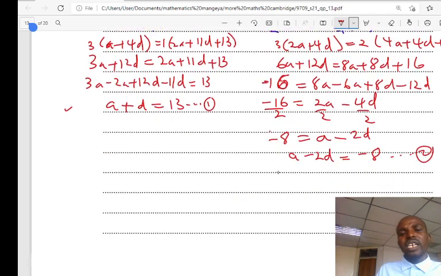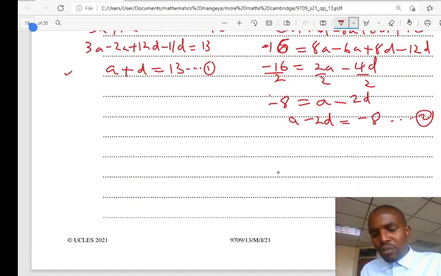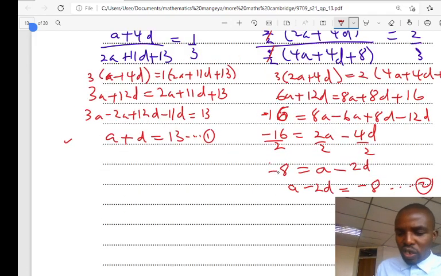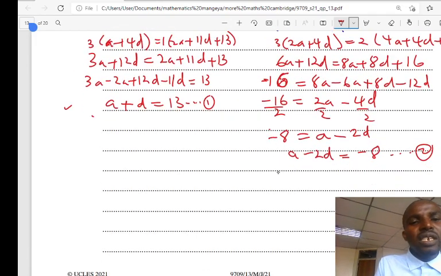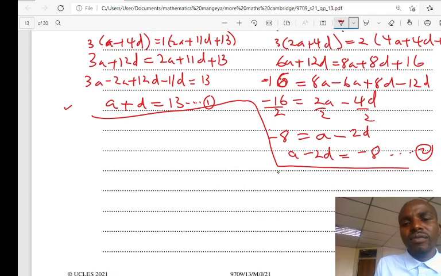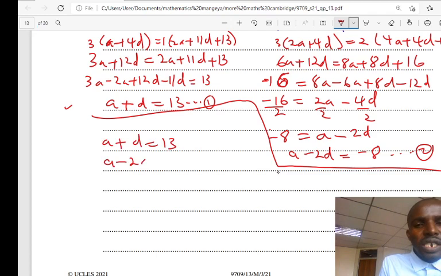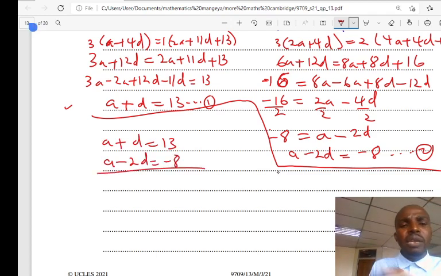Then you solve these two equations as simultaneous equations. Okay, you can just utilize this space. So we have a plus d is equal to 13, and a minus 2d is equal to minus 8. We can use the elimination method.